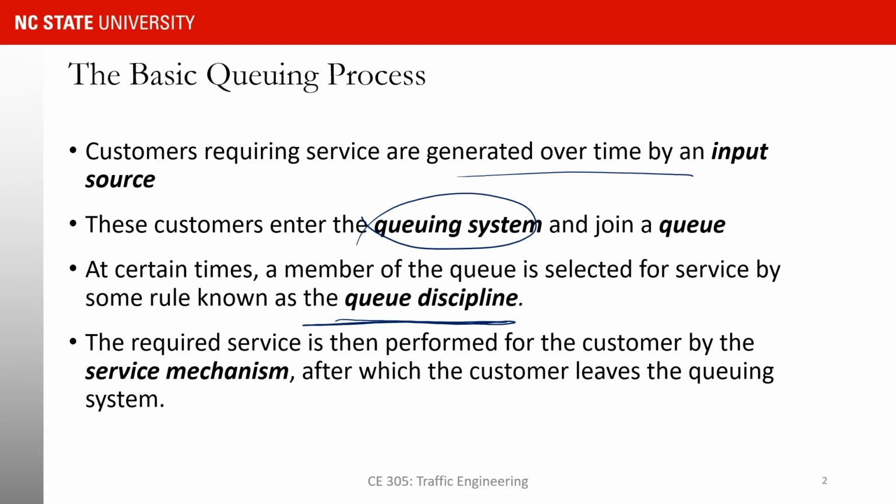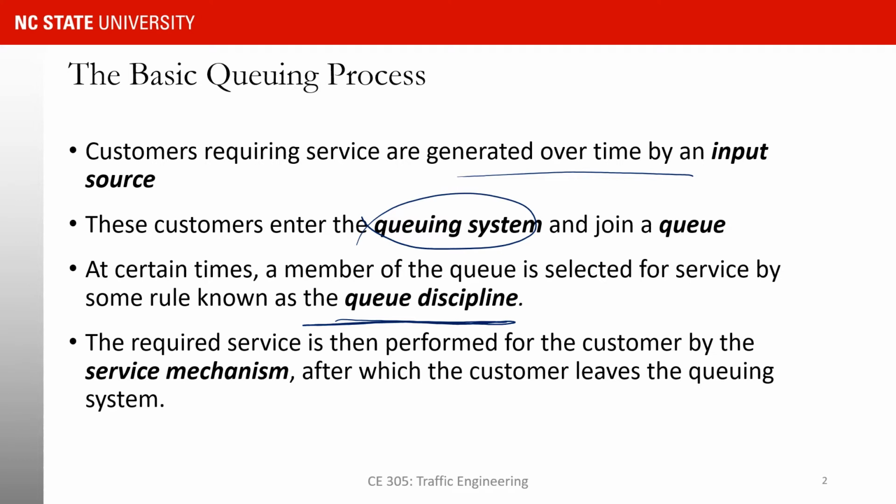If you think about a recent example, that would be COVID-19 vaccination. That is not necessarily first in, first out. If you are the first person that wants to get the vaccine, but you don't belong to any of the priority groups, you're not going to get the vaccine, right? So that's a different way of selecting customers to provide the service for them. And when that customer is selected, then the service is provided following a service mechanism.